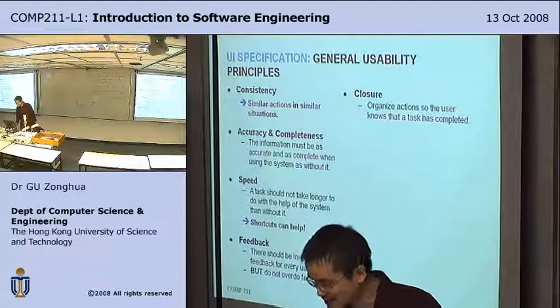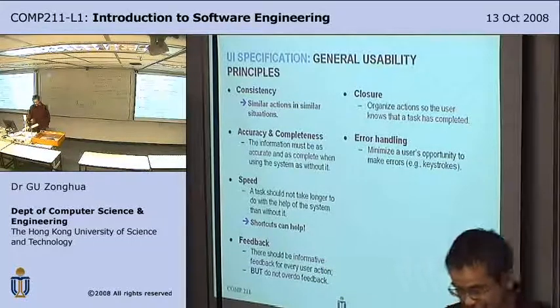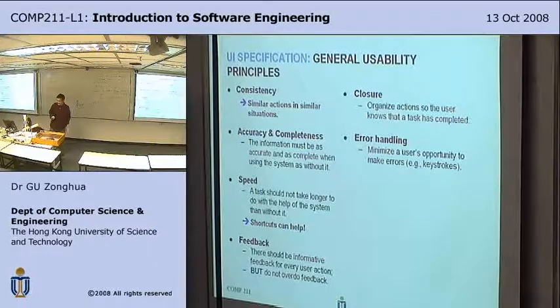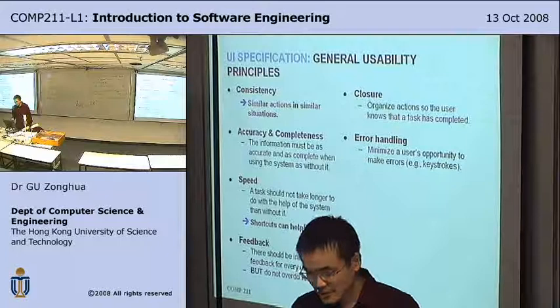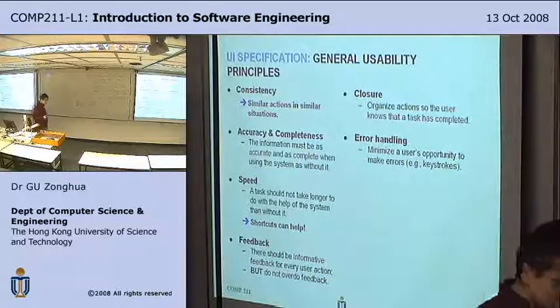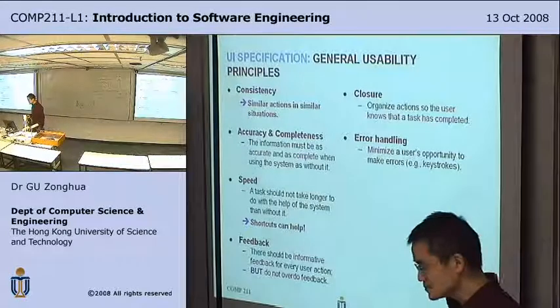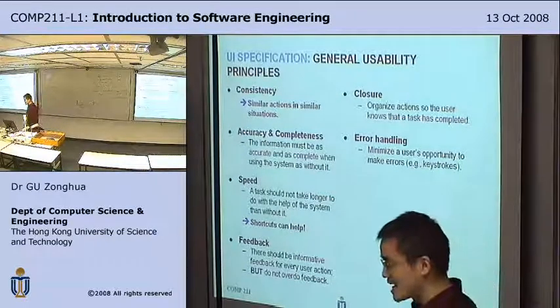So he has closure. Error handling minimizes a user's opportunity to make mistakes. For example, minimize the number of keystrokes the user has to type. If you put in a list of selections, then it's harder for the user to make a mistake than if you put in a text box for the user to type in some text.